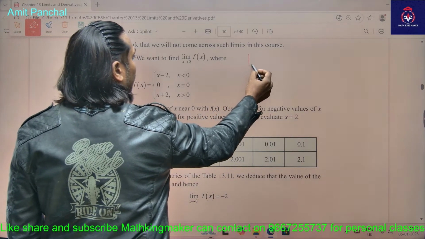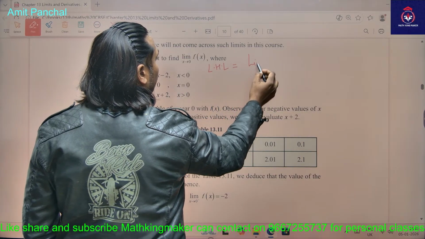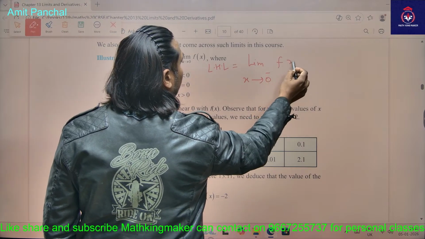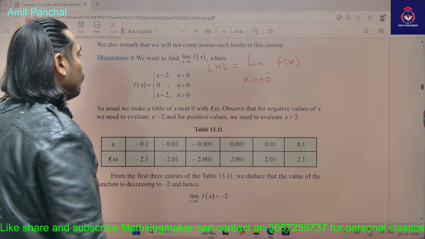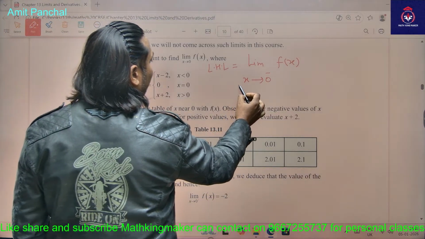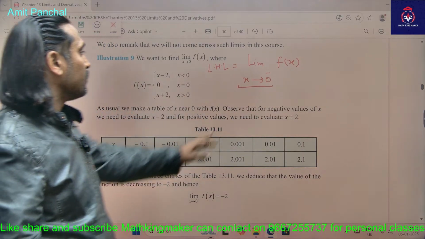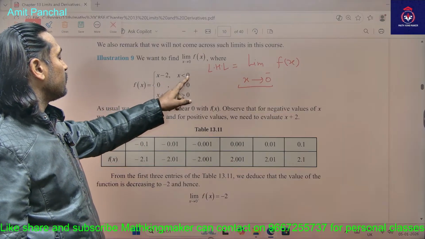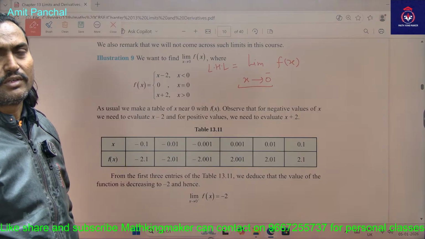So if we are finding its left hand limit, it equals limit x tending to 0 negative of f(x), we'll write it like this. Now you need to take x less than 0 in this scenario, because the value of x is less than 0. So if x is less than 0, then you have to take the x minus 2 function, isn't it?